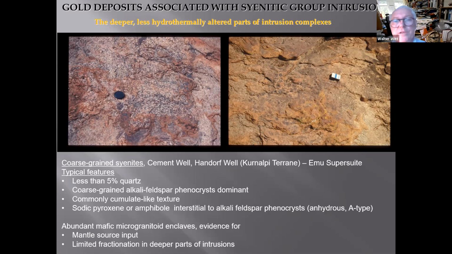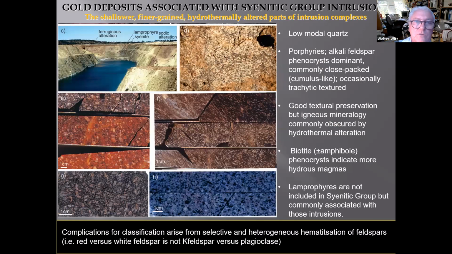When we look at the syenitic intrusions in the vicinity of the gold deposits, we see quite a different sort of rock. This is a high-level porphyritic and porphyry intrusions, again with low modal quartz and dominated by alkali feldspar phenocrysts. Some of these are closely packed, and occasionally we see trachytic textures well developed as well.